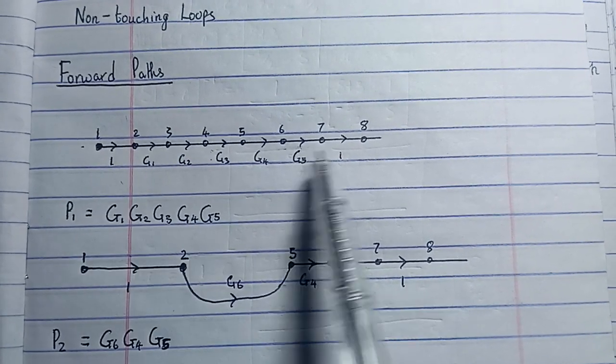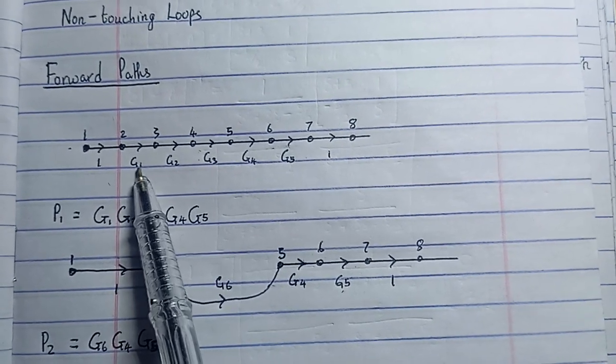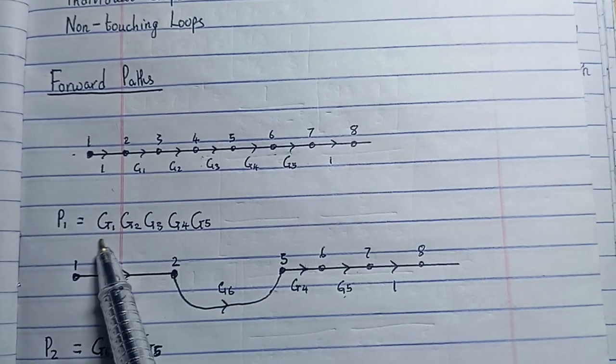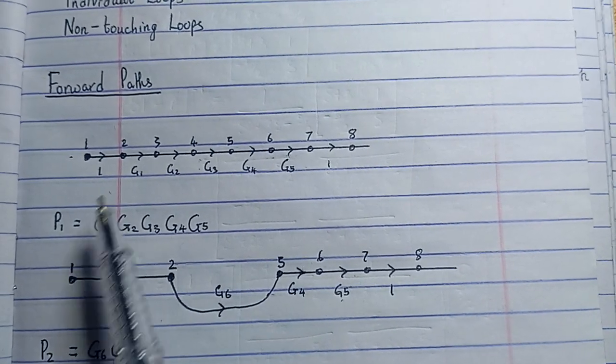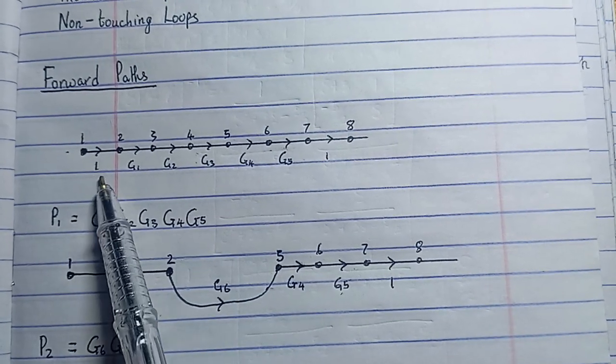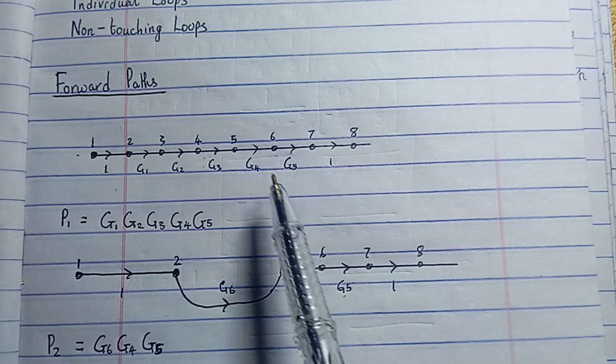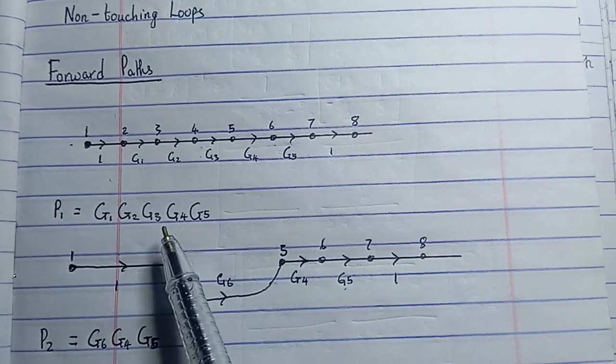At the beginning we have 1, at the end we have 1. The rest is G1, G2, G3, G4, G5. That's why we now write it here. 1 times G1 times G2 times G3 times G4 times G5 is our path 1.